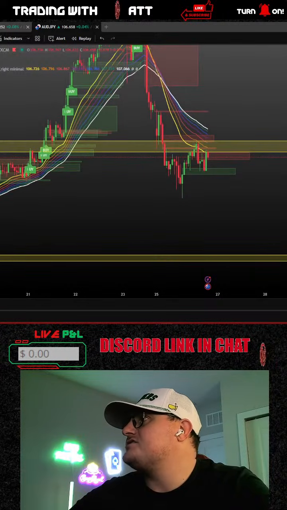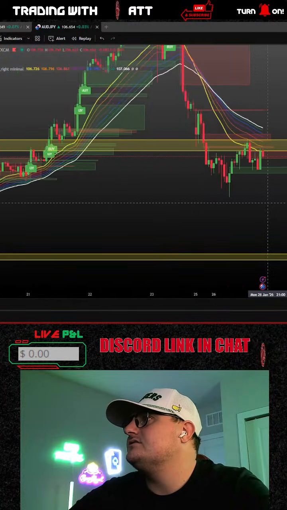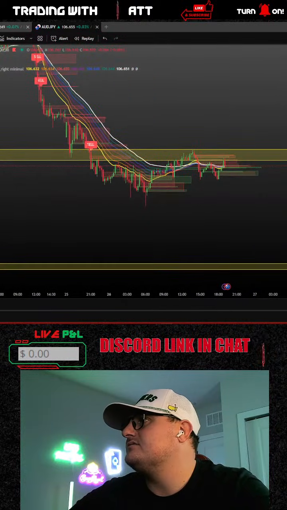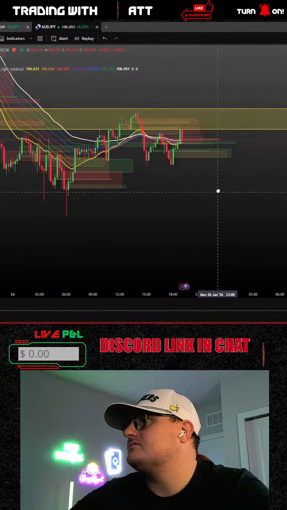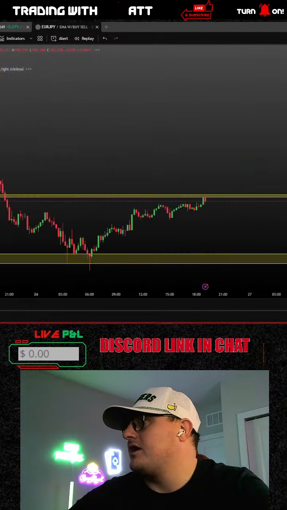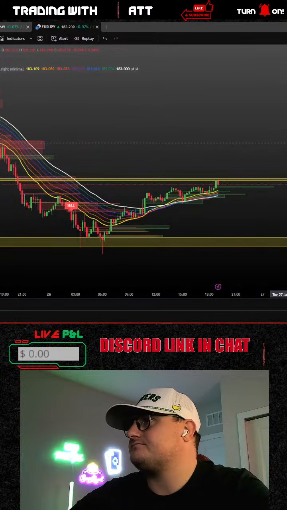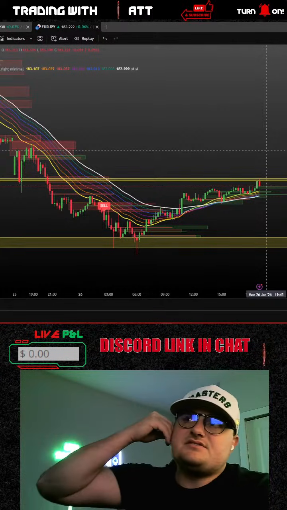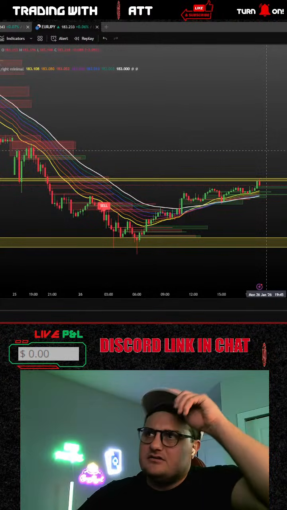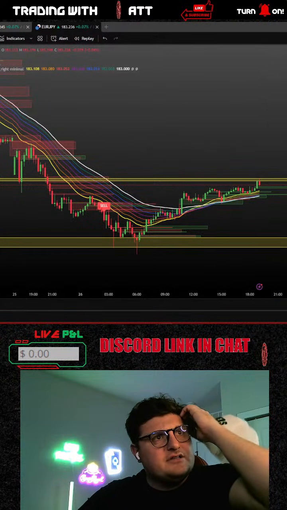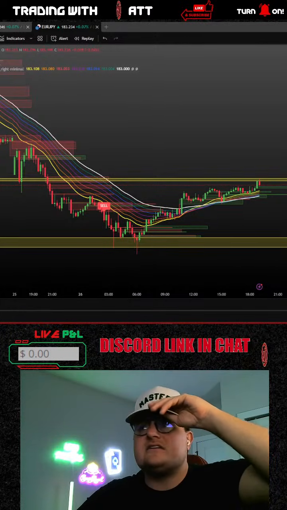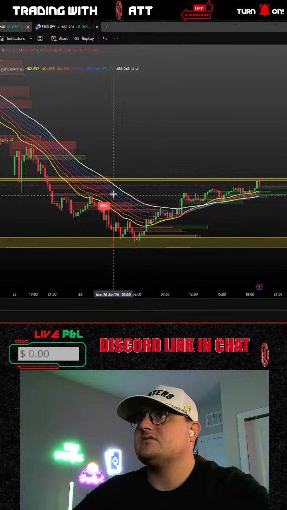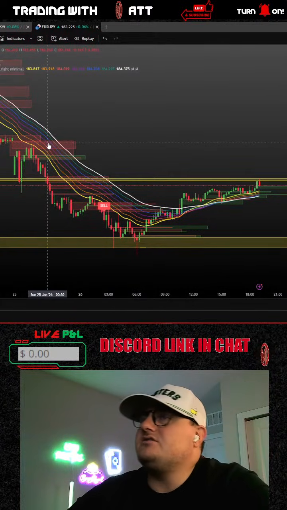I love the rejection on AUDJPY. We're going to drop down to the 15-minute on a couple of these. See what we're looking at. And 15 is really good to look at too, because you can see tighter zones here on what's really going on. I typically analyze on the 4-hour and the 1-hour. Yeah, you can use the daily time frame.